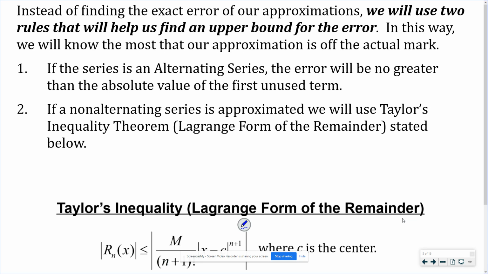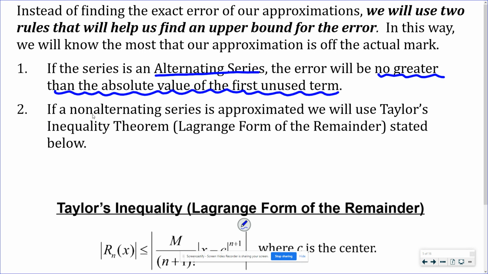This is just saying that your error will definitely be at most this much, which gives you more information about your estimation. If you have an alternating series, the error will be no greater than the absolute value of the first unused term. We'll see an example of that in the notes.